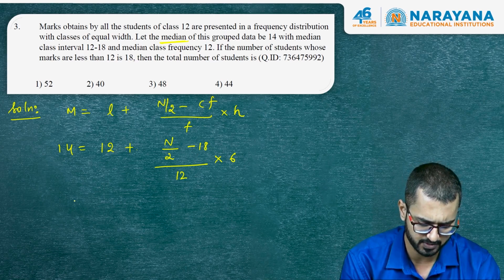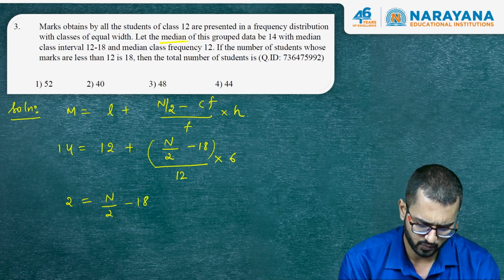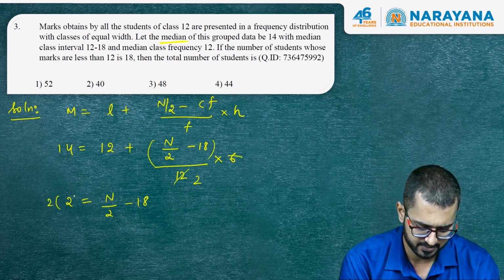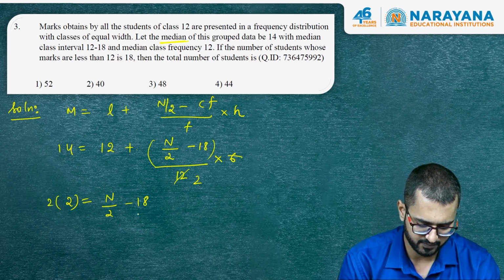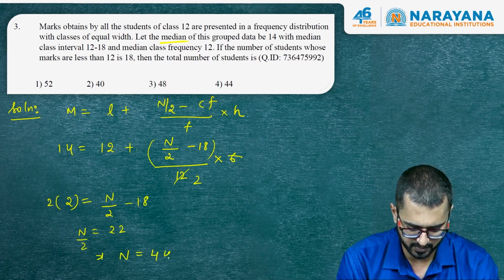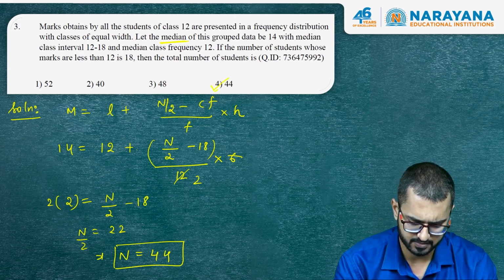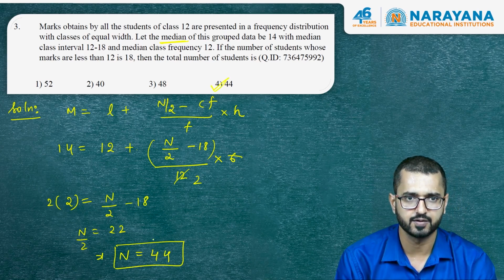So 14 minus 12, we'll add, 2 is equal to n by 2 minus 18, and then this 6 and 12 we will send here, and then this 2 will come again to this side. So this becomes naturally 4, and then n is equal to 18 plus 4, 22, and from here you directly get n is equal to 44. So again it was a simple question, so that makes our option D correct, the fourth.